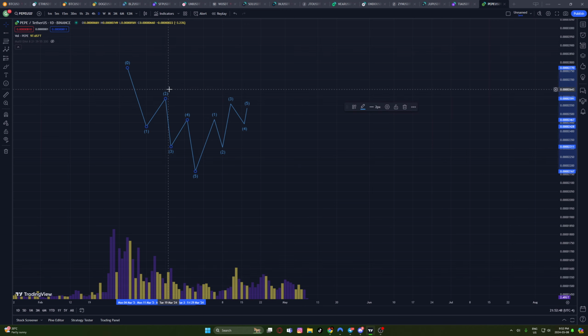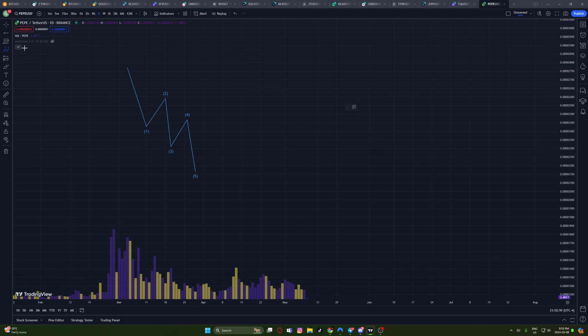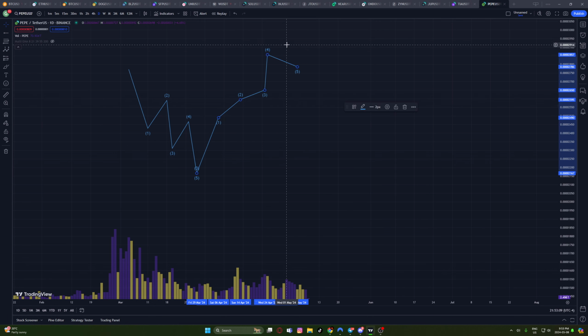Why is this a downtrend? This high is lower than this high. This low is lower than this low, etc. Okay, now when we are looking for a trade, or when I should say, because this is my strategy, right? We want this to happen. Let's do that. What do I mean by this?